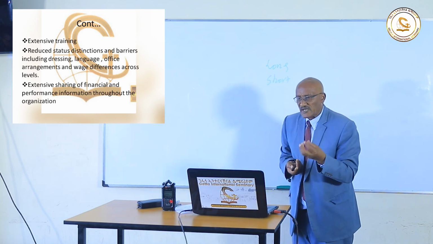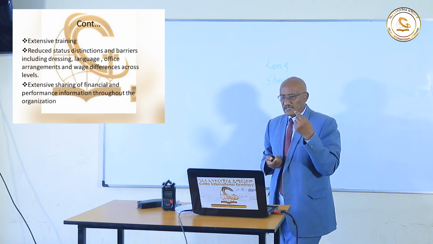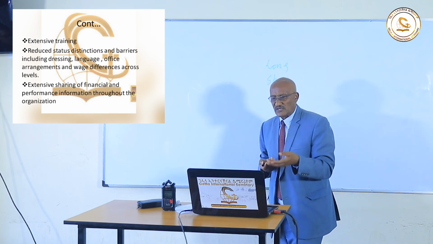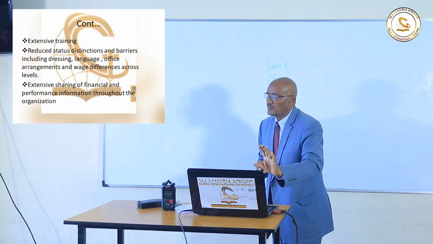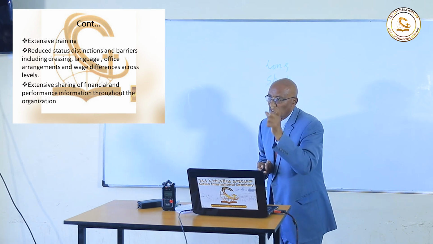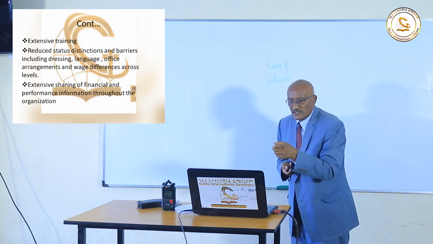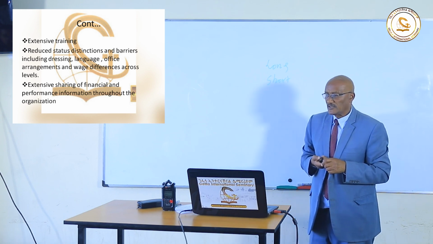Reduced status distinctions and barriers, including dressing, language, office arrangement, wage differences across the levels. These are also some points that you are expected to think about in the structure of human resource audit. Extensive sharing of financial and performance information throughout the organization.